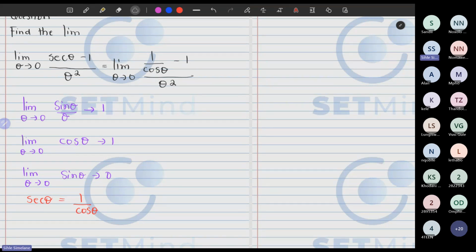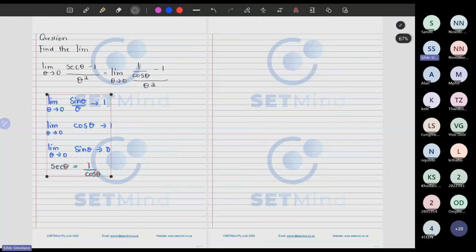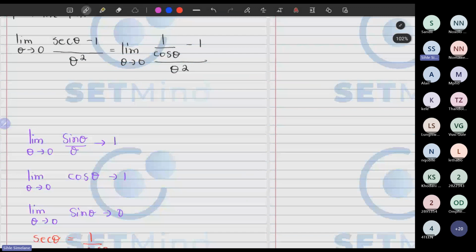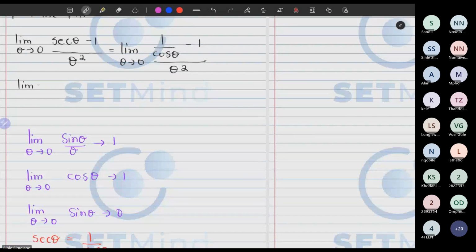And then let's quickly try to make a common denominator there, so that what we will have is the limit as theta approaches 0 of 1 minus cos theta divided by theta squared, and then I'll have my 1 over cos theta here.